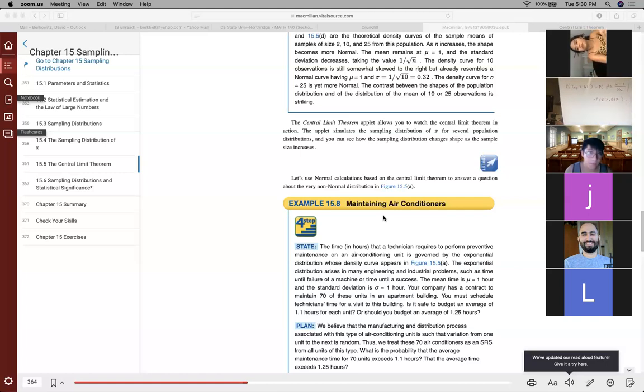So what I have now is the probability that z is greater than 0.837. So how do I calculate the probability that z is greater than 0.837?